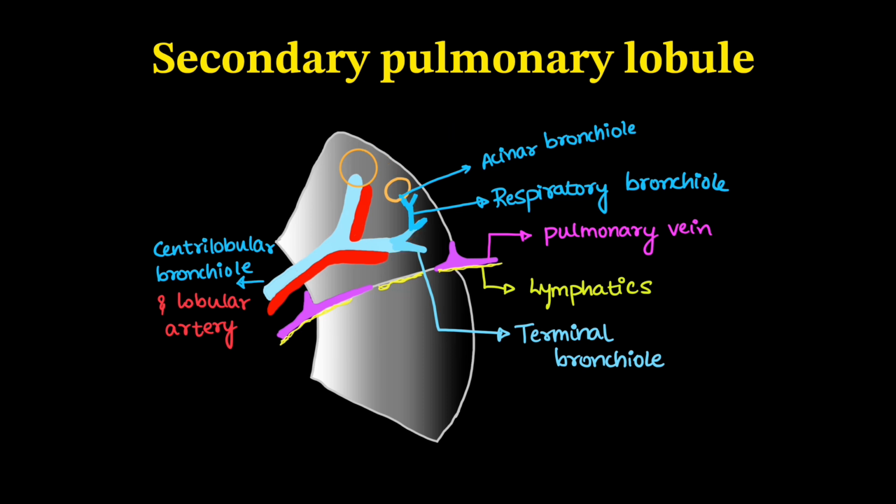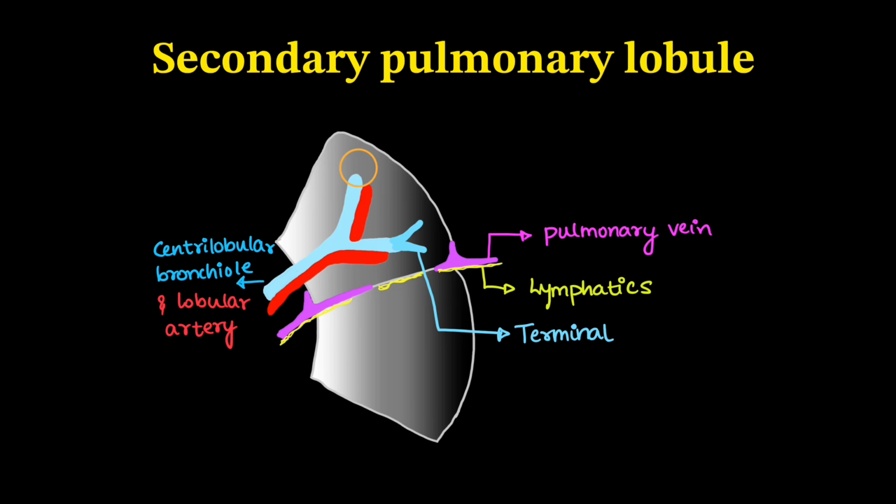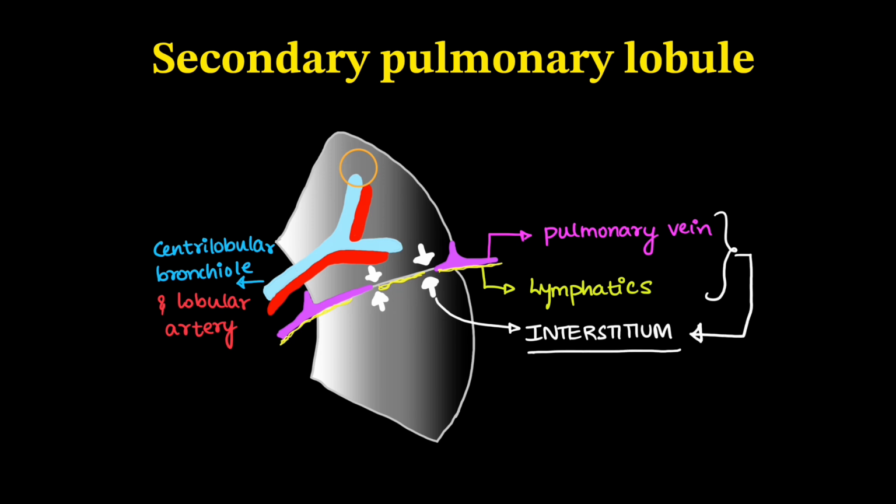Remember this image and these structures very well, because next when we are discussing the opacities, all these will come up, and these are responsible for different types of opacities. We can see interlobular septa here, along which pulmonary vein and lymphatics are running. This is the interstitium. Whatever we call interstitial lung disease are diseases of this interstitium containing pulmonary vein and lymphatics.